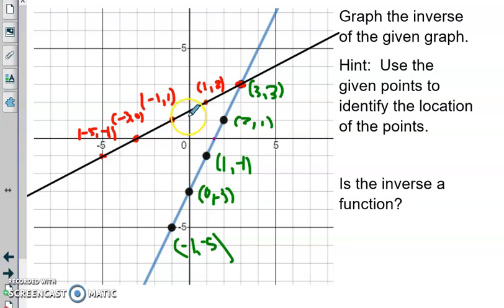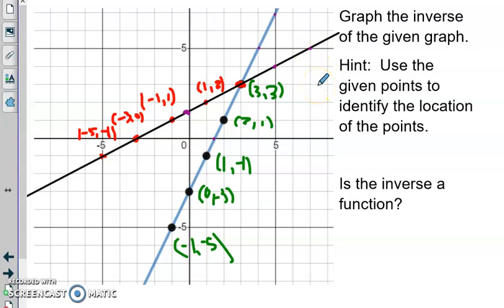If I choose this point right here, for example, this is at 4, 5, over 4 up 5. So if I go over 5 up 4, the point's right there. I could choose this one. It was like about 5, 7. So if I go over 7 up 5, it's right there.